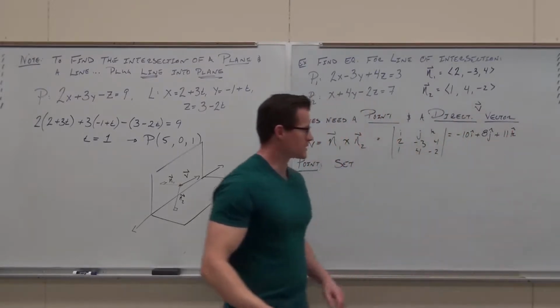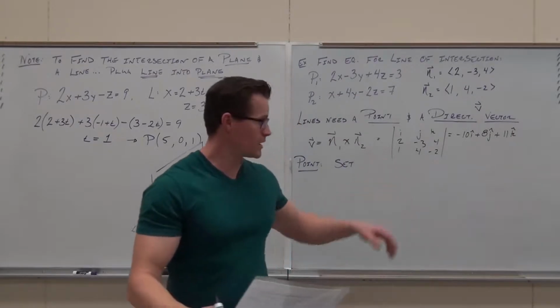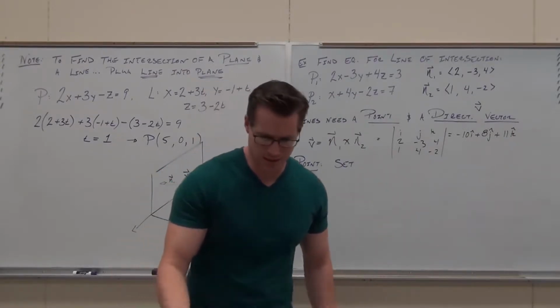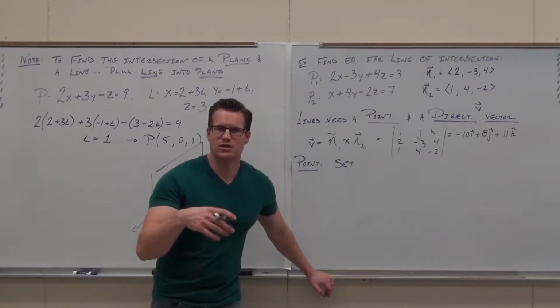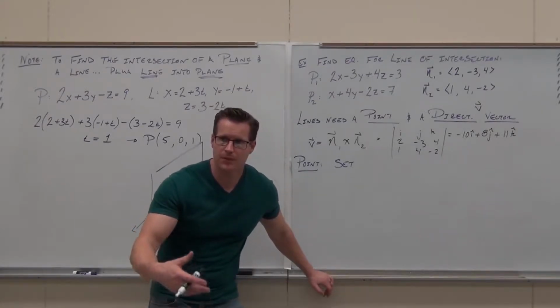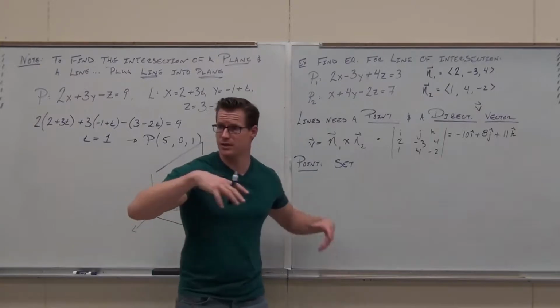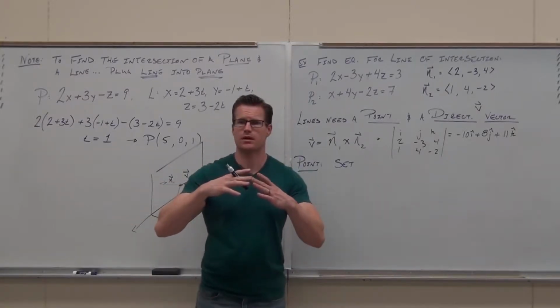I got -10i plus 11j plus 8j plus 11k. Looks like that's what I got here too. Did you guys get the same thing that I got? What is it that we just found? The direction vector. It's a cross product, but in this case it stands for the direction vector of our line.